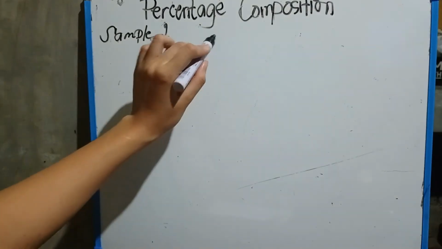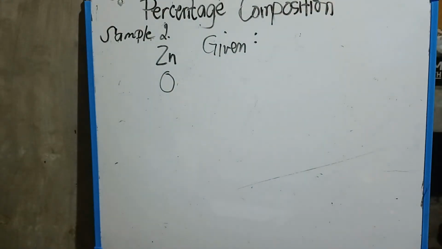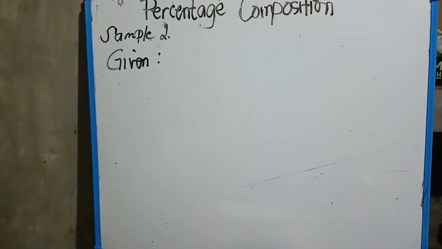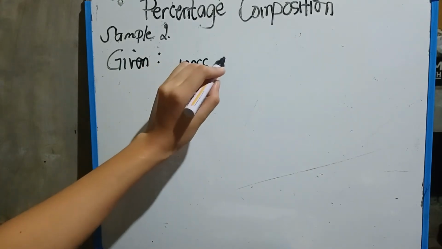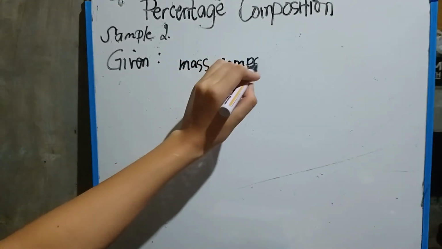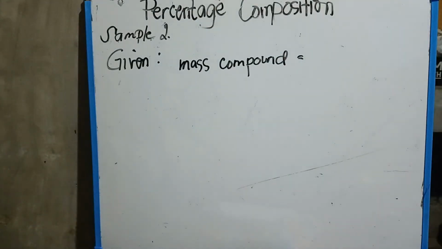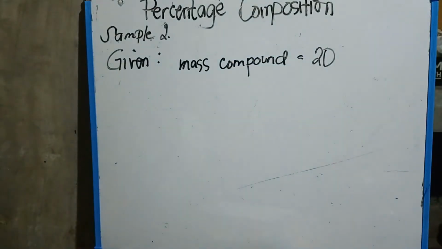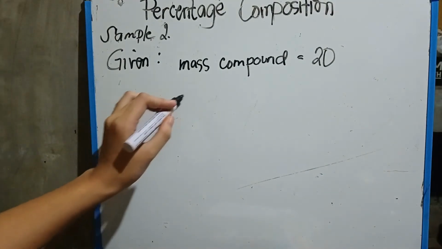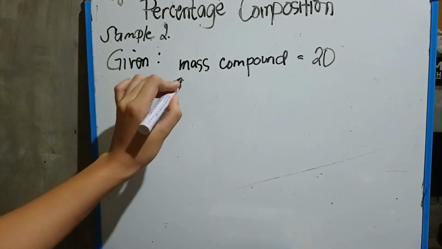Our given is the mass of the compound, which is already determined and is equivalent to 20 grams, while our zinc is 16.07 grams.